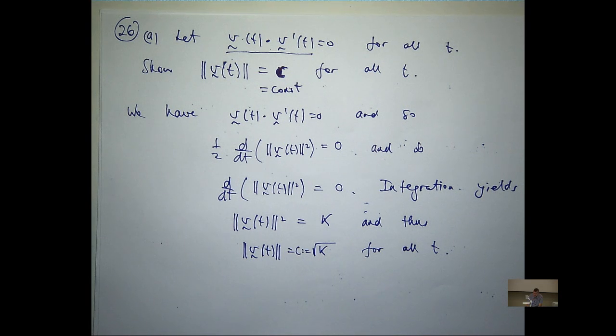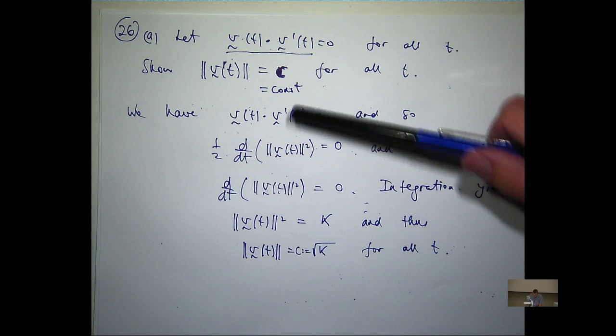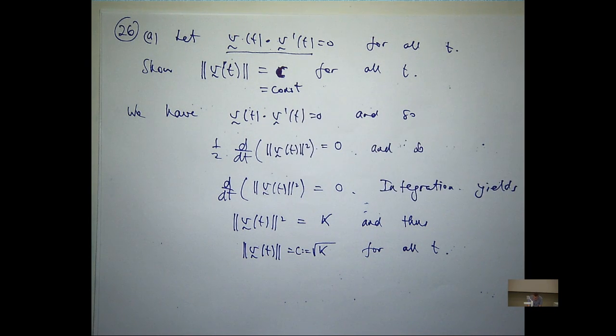So, therefore, the speed is constant for all t. So that's another example where this kind of relationship pops up. It's really powerful.